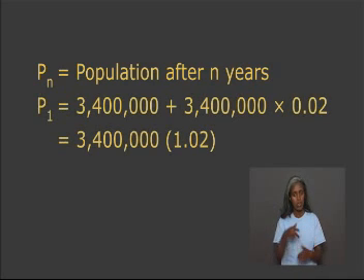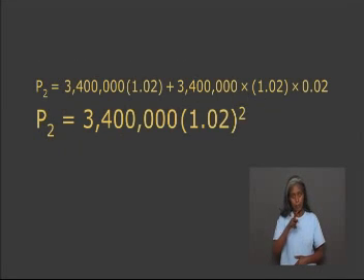Then P1 equals 3.4 million times 1.02. P2 equals 3.4 million times 1.02 squared.